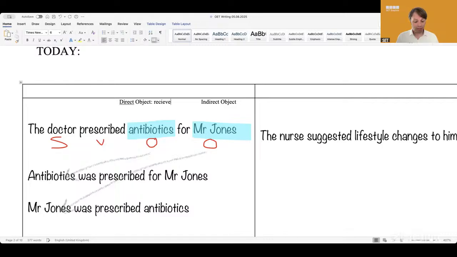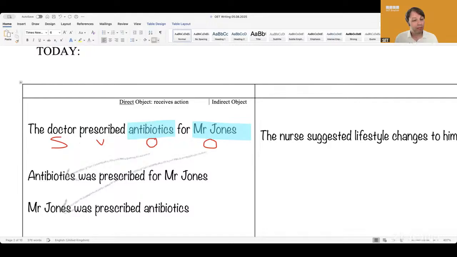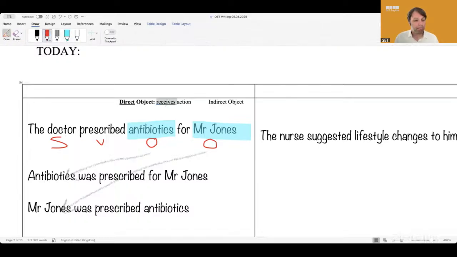So we can say, how about this? It receives the action. Does that make sense, everyone? Mr. Jones received the action. So to receive the action, what does that mean? What does receives mean? Everyone, receive means to what?